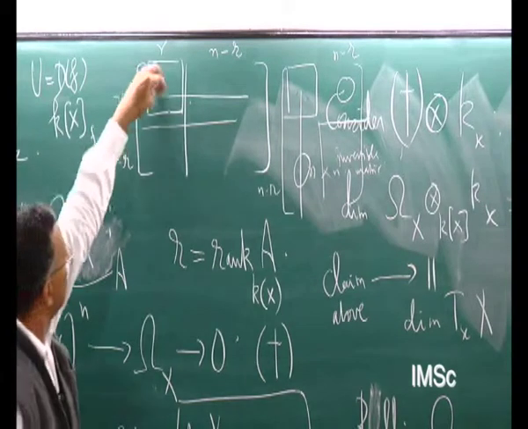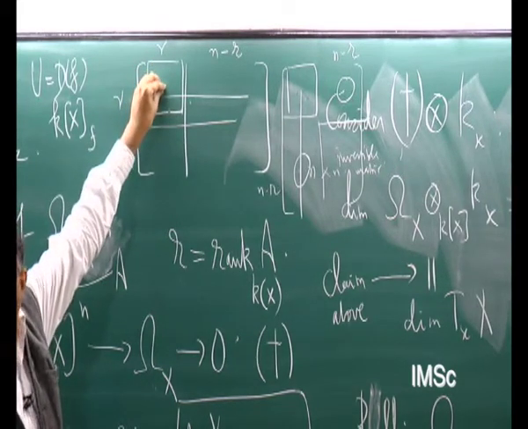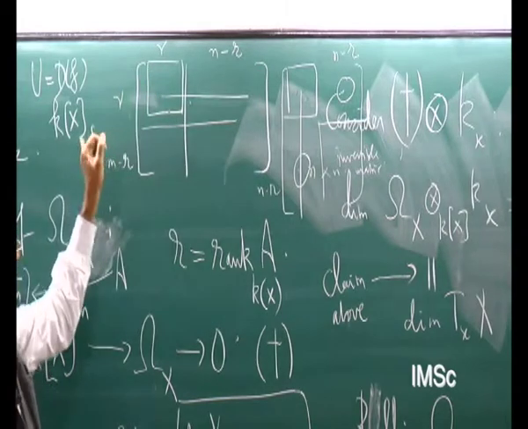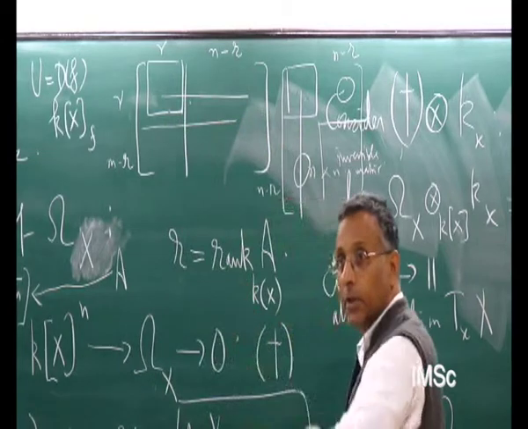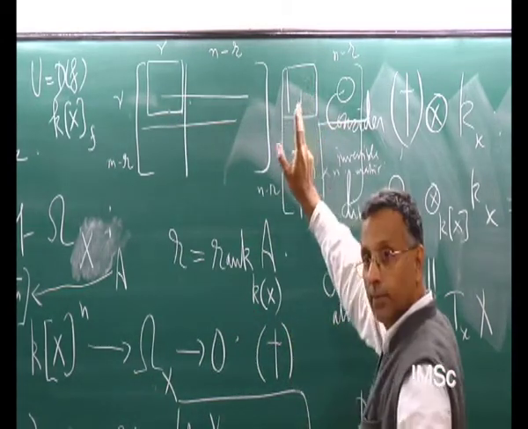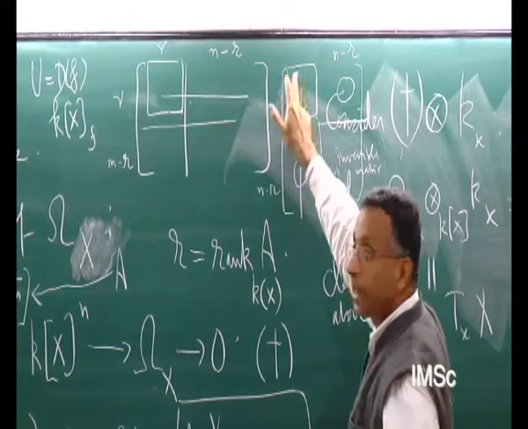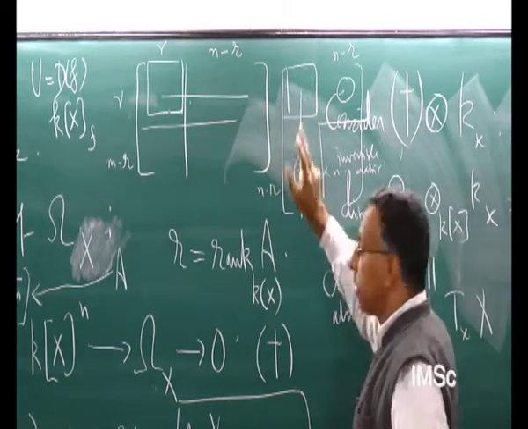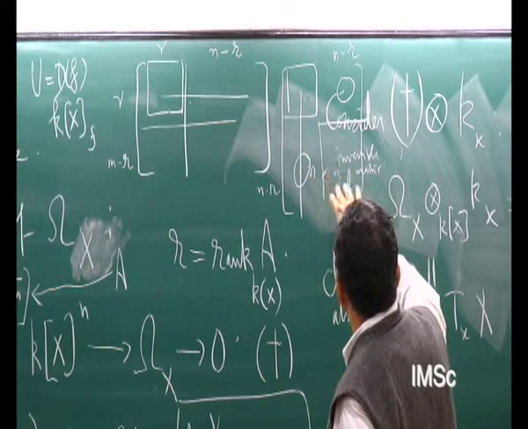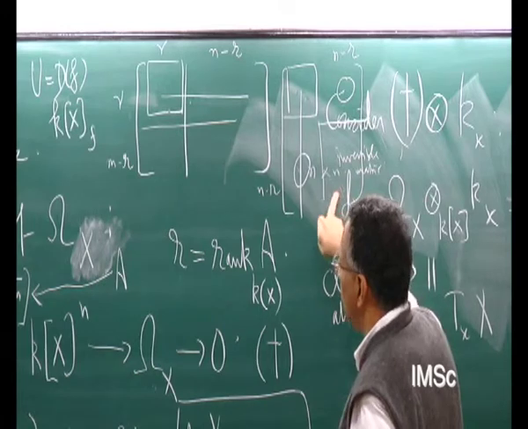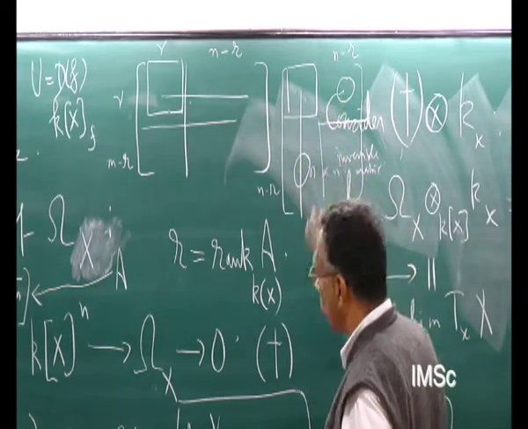Since this matrix had determinant F, which was a unit in K[X]_F, it has an inverse. I put that inverse here, so this determinant has 1 over F. I put any invertible matrix here.